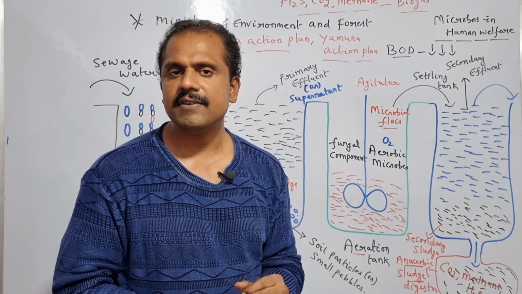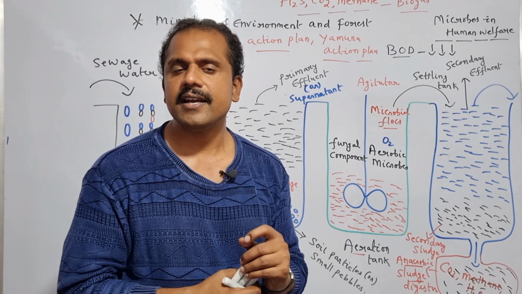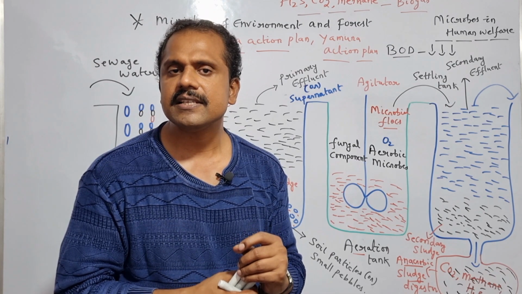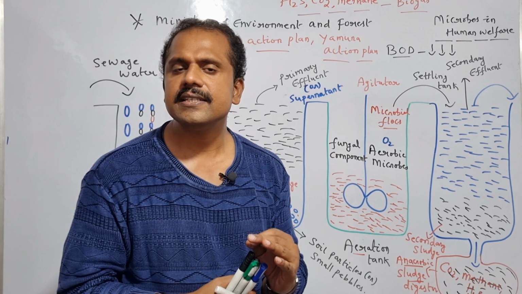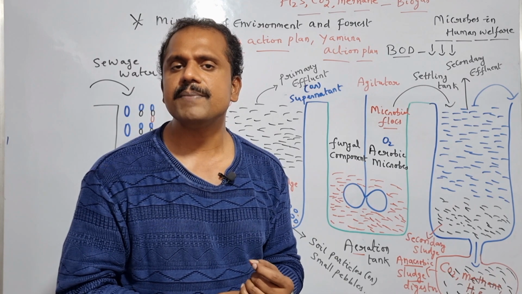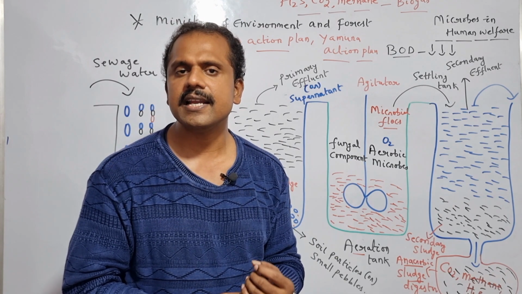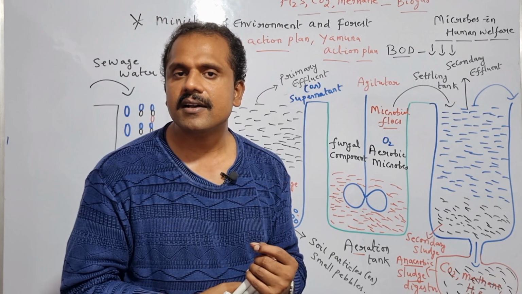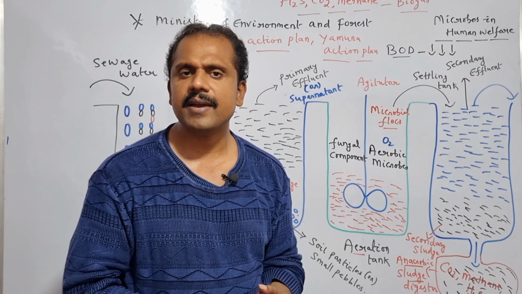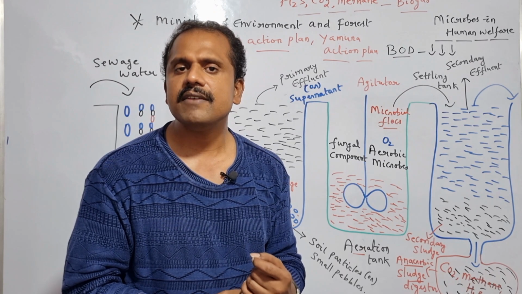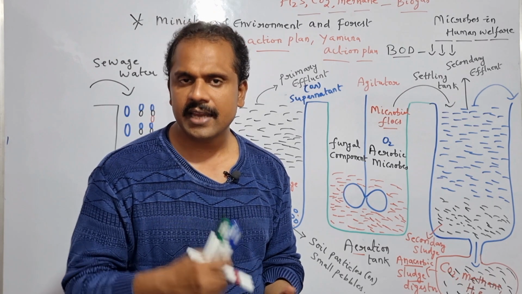If the sewage water is not treated accurately in sewage treatment plants, and if it is discharged directly into water bodies like rivers and streams, it may cause many waterborne diseases. That is the reason why it is mandatory to carry out sewage water treatment here.